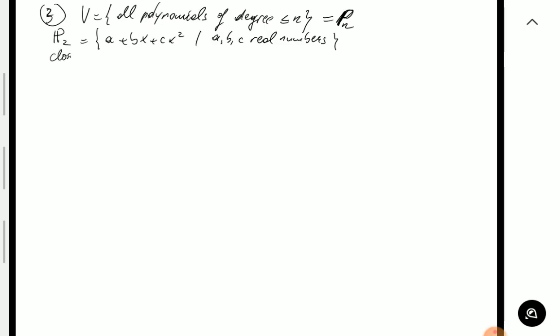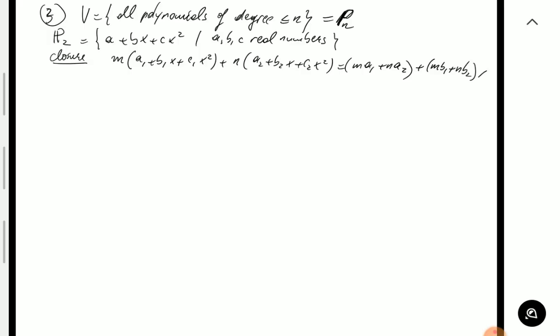If I take some number, let's call it m, multiplied by a polynomial a1 plus b1x plus c1x squared, plus n times a2 plus b2x plus c2x squared, again without too much work, I can clearly see, using operations inherited from real numbers, that I can factor x squared and combine the constants.